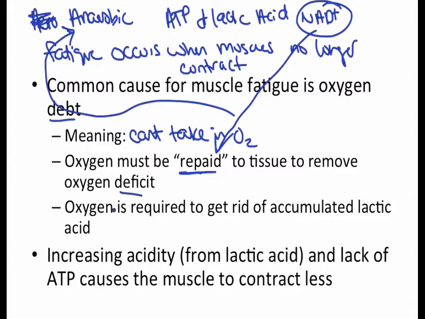So this is all oxygen deficit. Oxygen is required to get rid of the accumulated lactic acid that builds up in your muscle cells. Lactic acid is also going to increase the acidity, hence the name acid, and that lack of ATP is going to cause the muscle to contract less than it would have if it did have that oxygen.